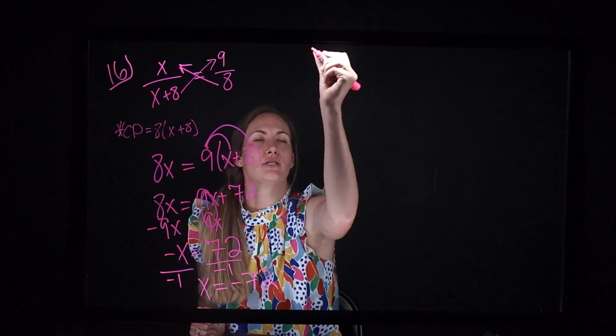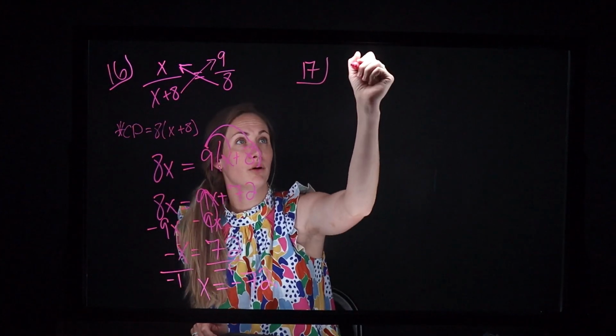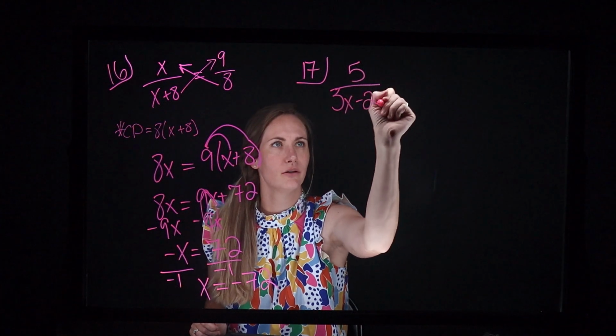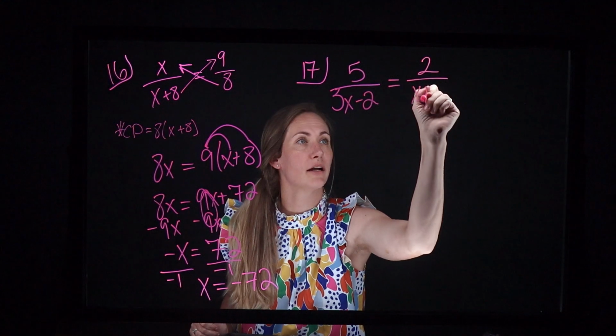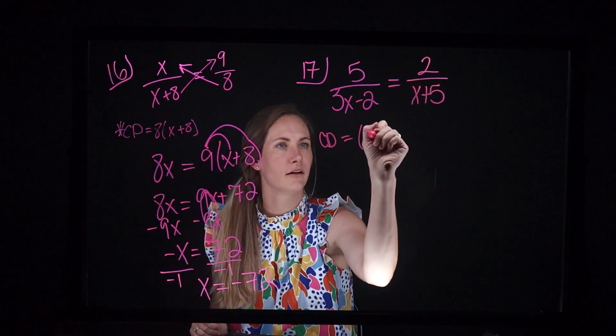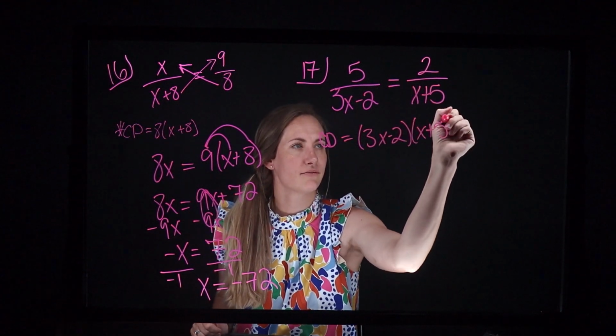Okay, so problem 17. It's another problem where we're going to cross multiply. So we have 3x minus 2 equals 2 over x plus 5. So our common denominator would be 3x minus 2 times x plus 5.